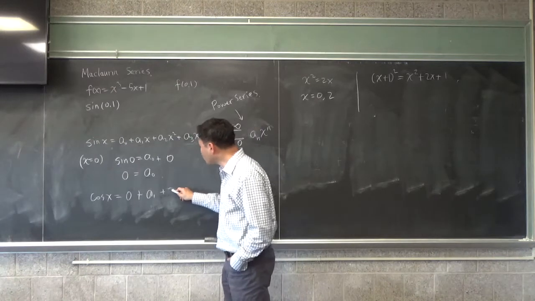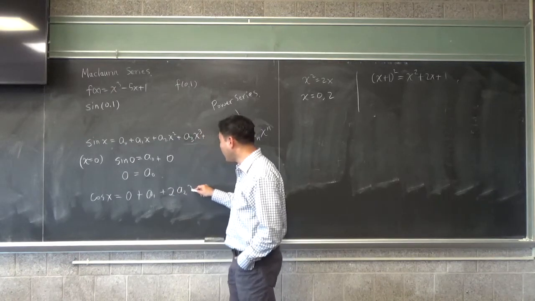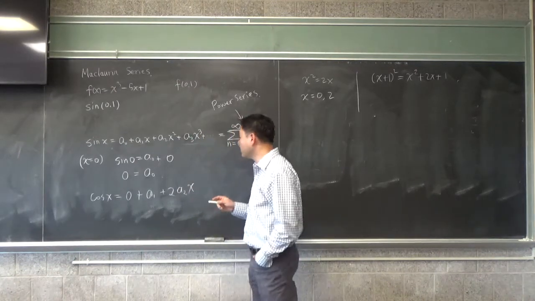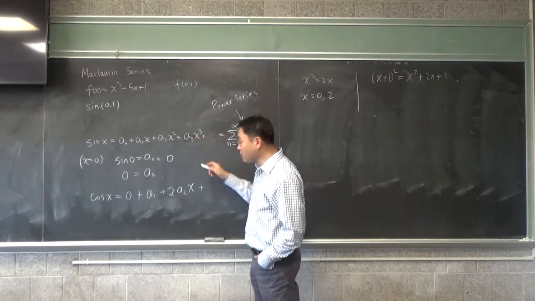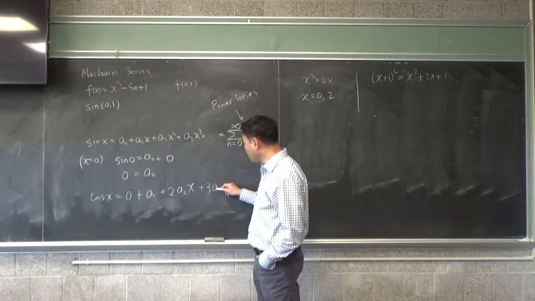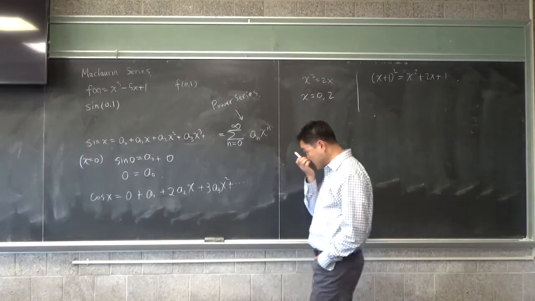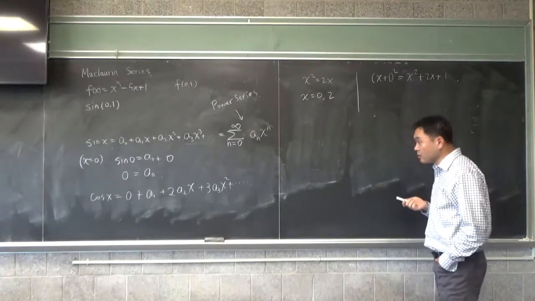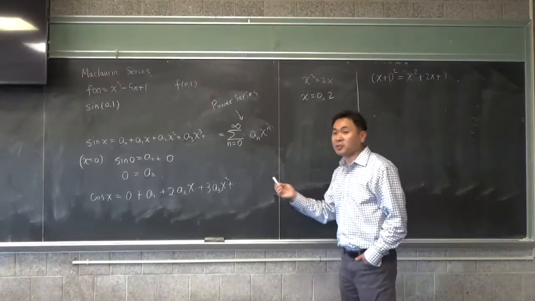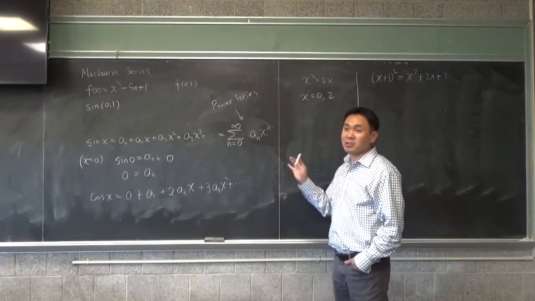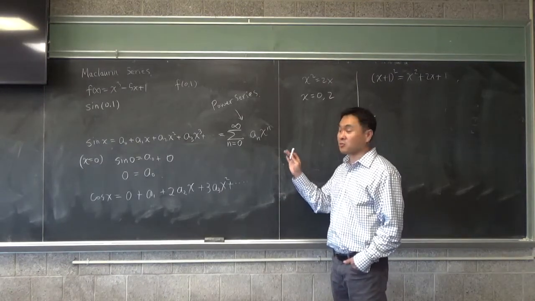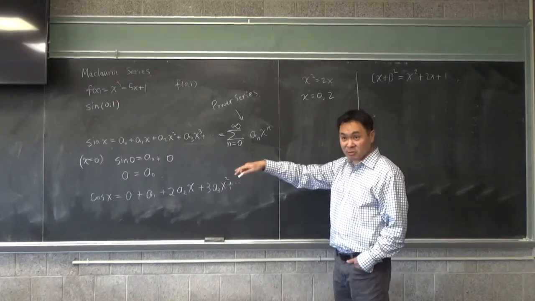To 2a2 x, right? x to the first power. And then 3 comes down. You have 3a3 x squared. So on and so on. So if you differentiate both sides, if the equality is an equality between functions, the derivatives are still equal.